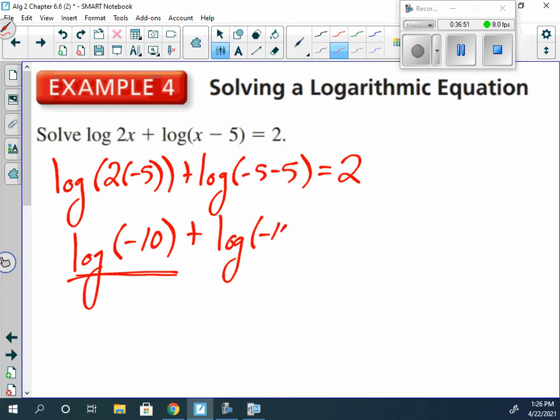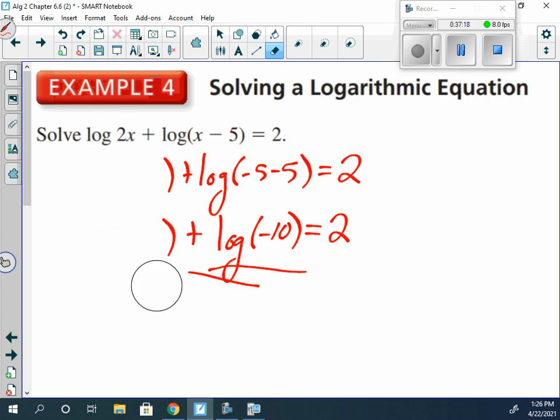Even if we kept going, I have another negative inside the log. So it doesn't work for the original problem. If it had started out as log of 2x times x minus 5, our first main step of putting those together, then it would work because -10 times -10 is positive 100. But we can't have this negative inside of the log, so it doesn't work.